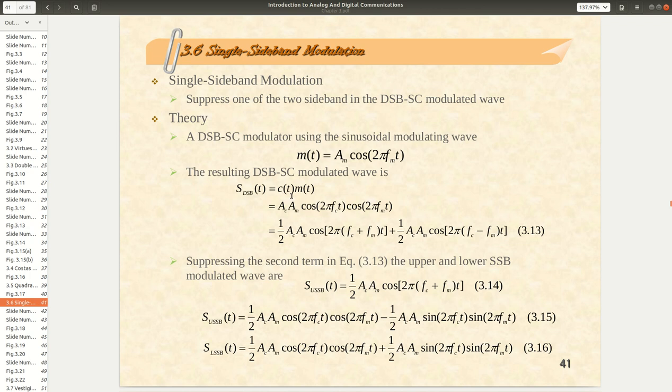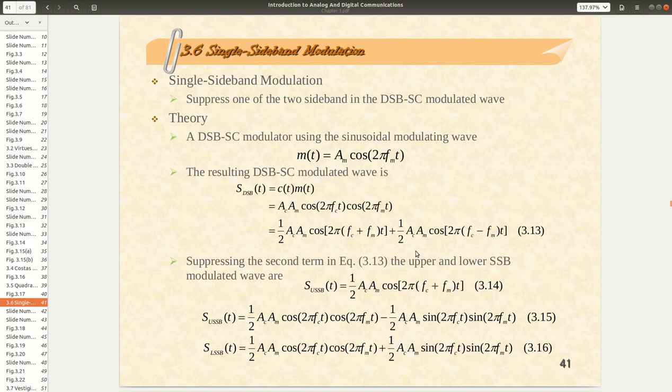If you multiply by the c of t, a sinusoidal signal at fc, and you have the m of t at fm, then you have cosine cosine. If you use the trigonometric identity, then one at fc plus fm and one at fc minus fm.